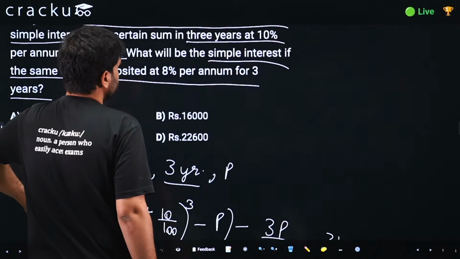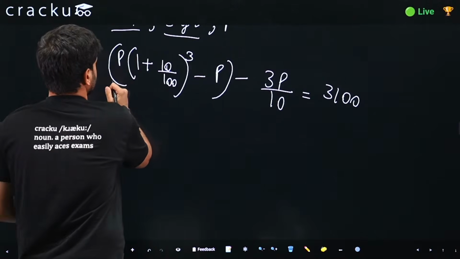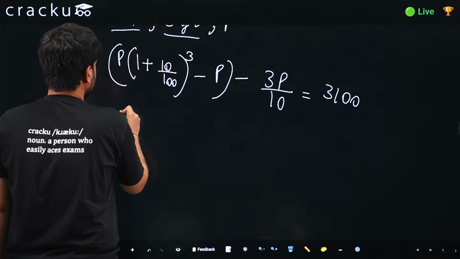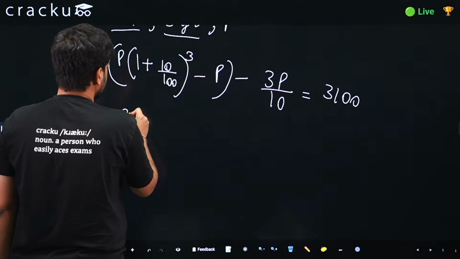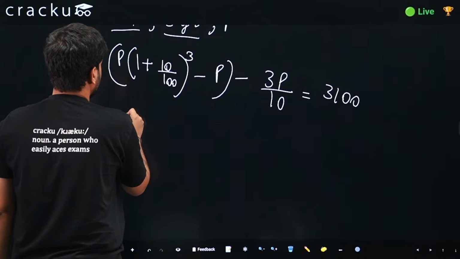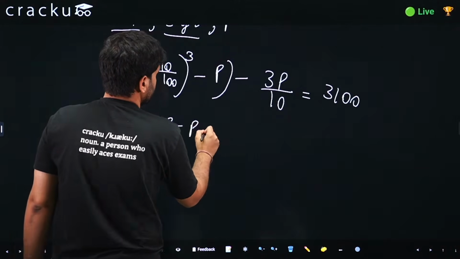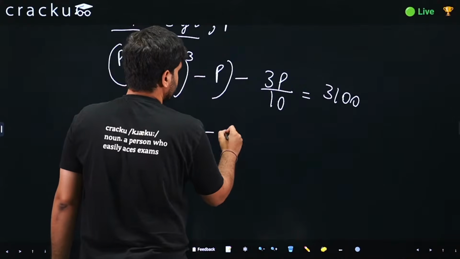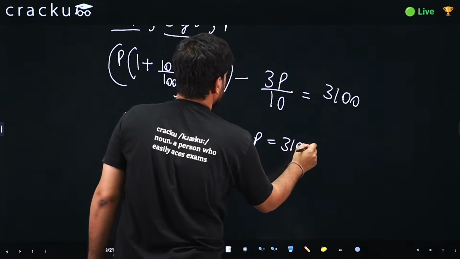So can we basically find P from here? It would be P into 1.1 to the power 3, which is 1.331P, minus P, minus this 0.3P. This is 3100.